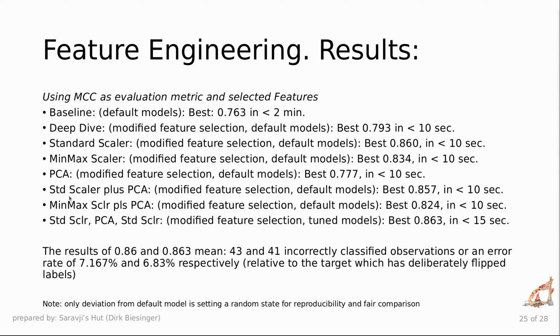Next experiment was combining standard scaler and PCA on the modified feature selection using default models, and our MCC was 0.857 in a little bit less than 10 seconds.